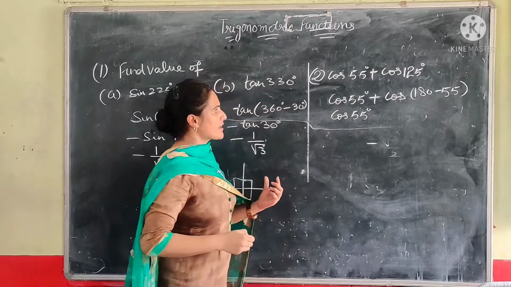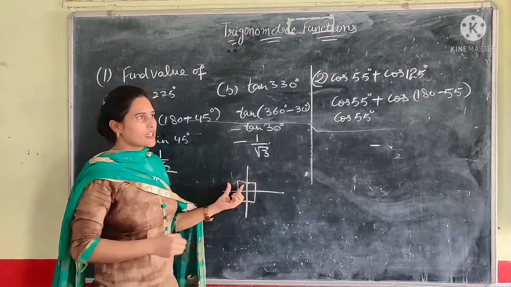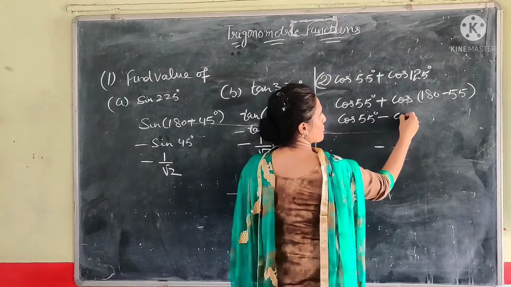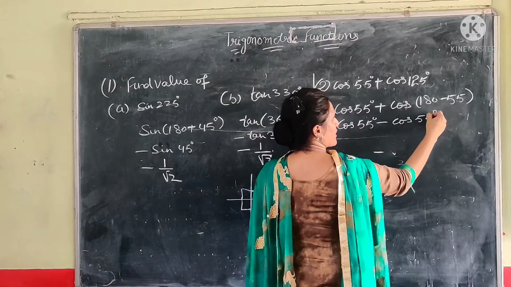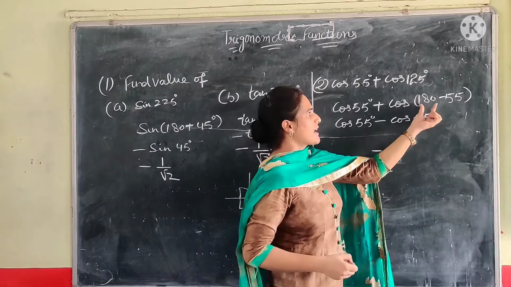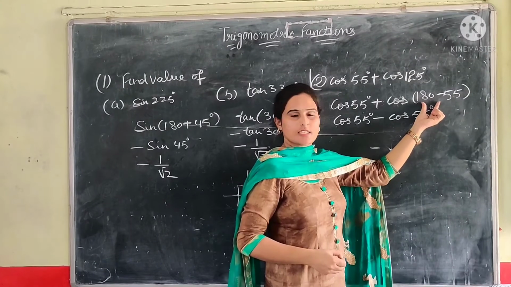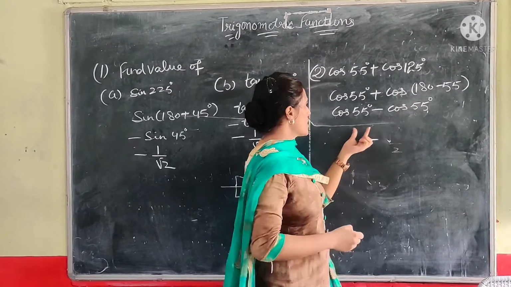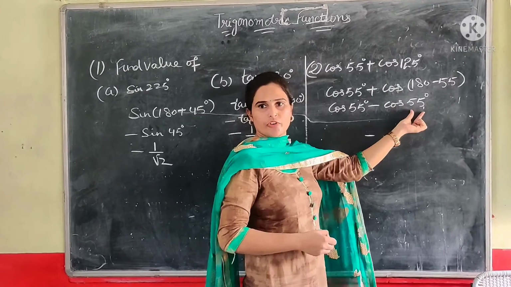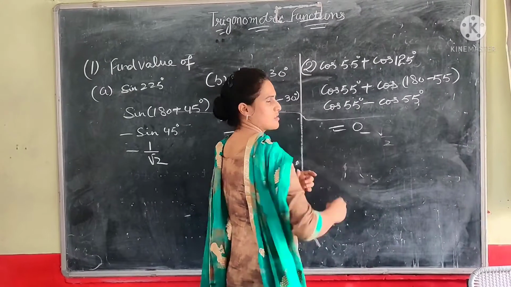And in second quadrant, cos is negative. So minus of cos 55 degree, because allied angles for 180 is not changed. So cos remains cos. Cos 55 minus cos 55, that is equal to 0.